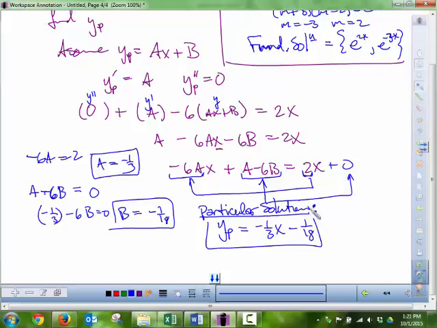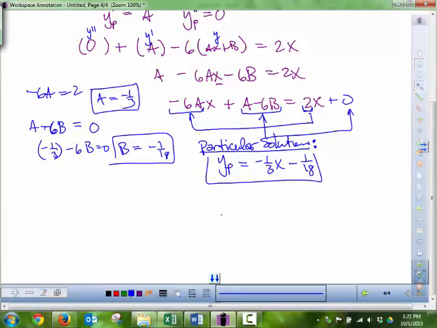But that's not the general solution to the differential equation. The general solution, according to the superposition principle, says that I have to get my linear combination of my fundamental solutions and then tack on my yp, particular solution. So that's an easy last step.